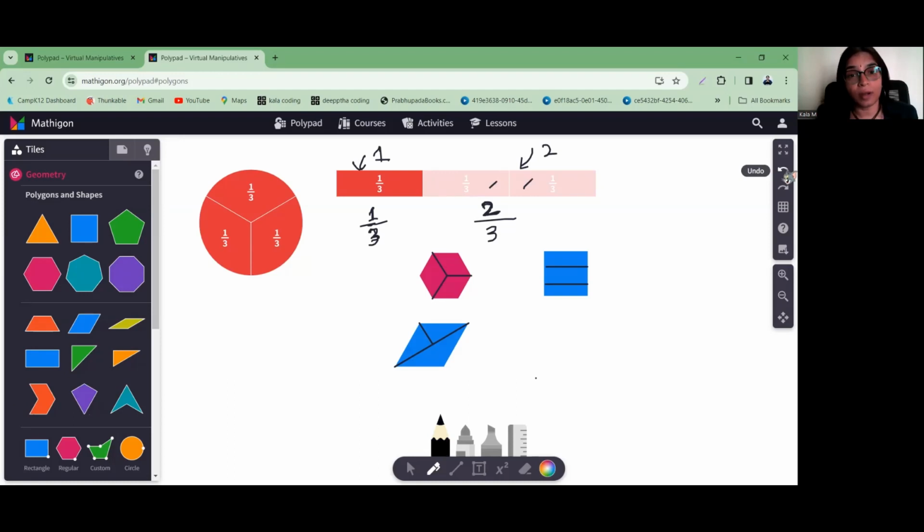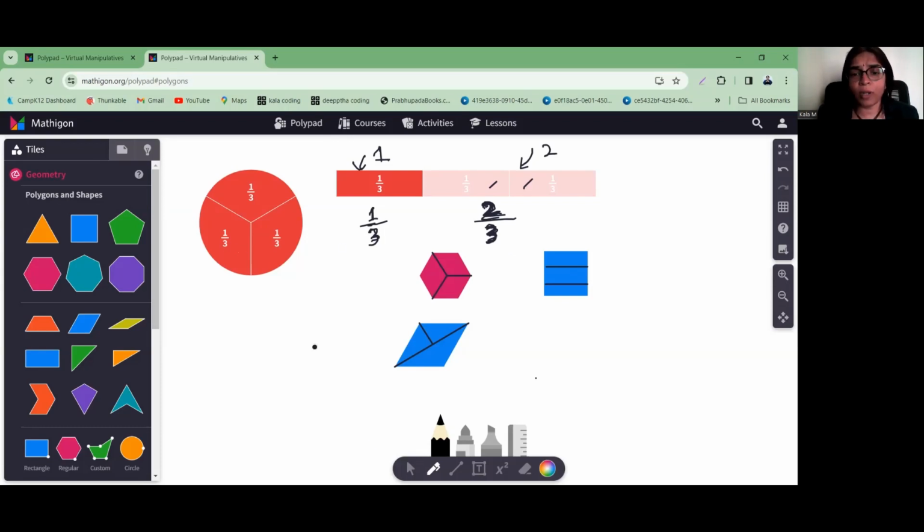Rather, it is 2/3. That means this 2 on the top does not have any meaning without talking about this 3 in the bottom. Similarly, this 3 in the bottom does not have any meaning without having something on the top attached to it. That is why I say, when we say 1 by 3, 2 by 3, we confuse our mind. Instead, we should say it as 1/3, 2/3. That's the first concept I want you to be clear with.